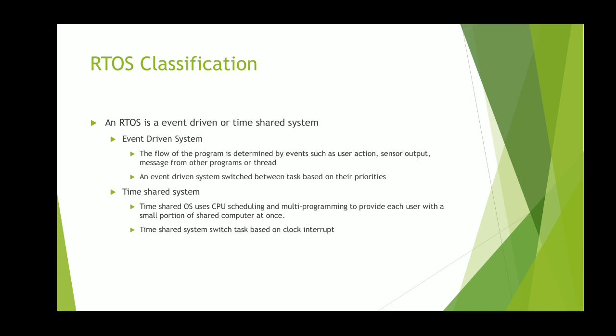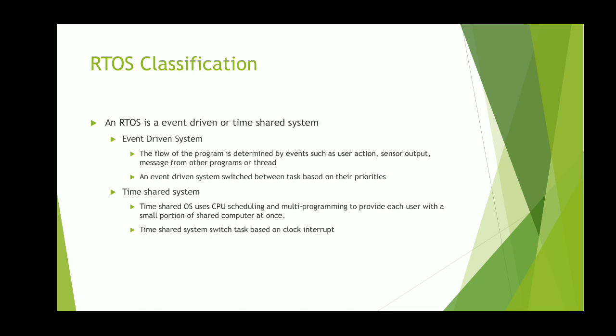And in an event-driven system, the task is switched based on their priorities. So we can say that in an event-driven system, the flow of the program depends on the user action, sensor output, and messages from other programs or threads, and tasks are switched based on their priorities.